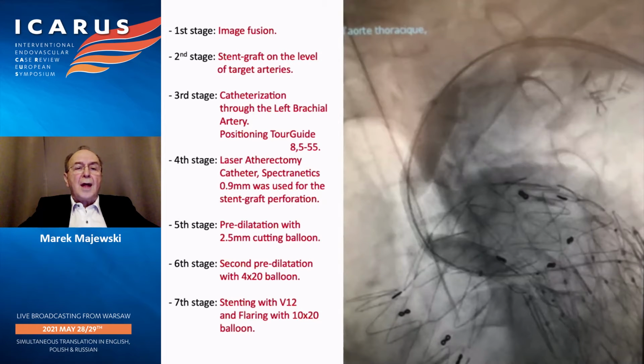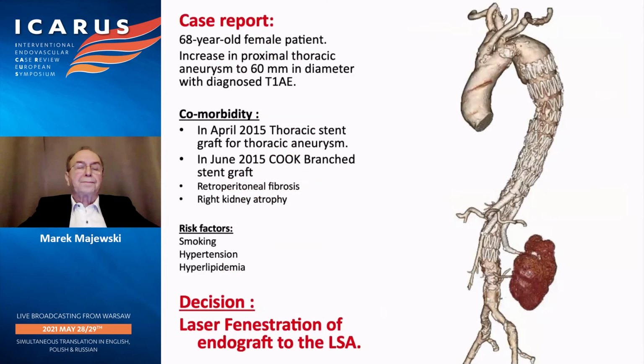Catheterization through the left brachial artery, positioning the guide. Laser atherectomy catheter Spectranetics was used for the stent graft perforation. Predilation with cutting balloon, second predilation with another balloon, and stenting with V12 and flaring with another balloon.